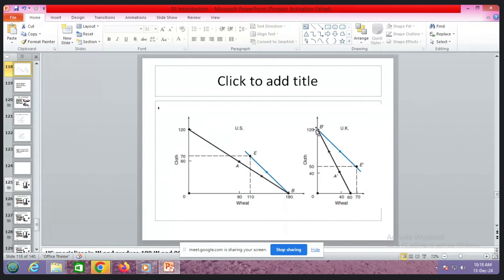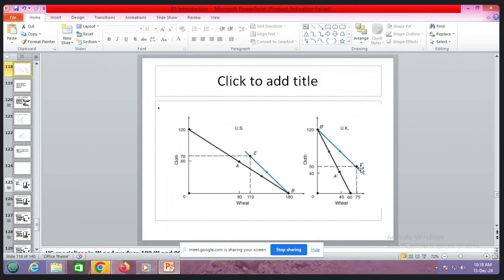Out of 120 cloth, it is exporting 70 cloth to US and in turn getting 70 wheat. So 120 minus 70 is 50. So it is retaining 50 units of cloth and getting 70 units of wheat. So it will also be on point E prime, which is outside its production possibility frontier.